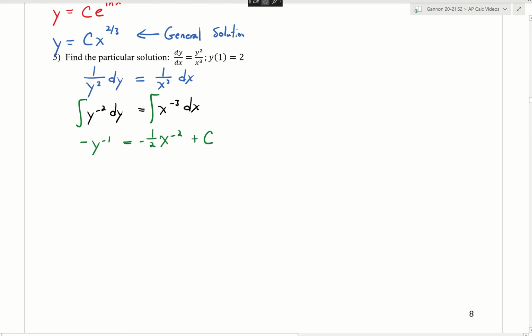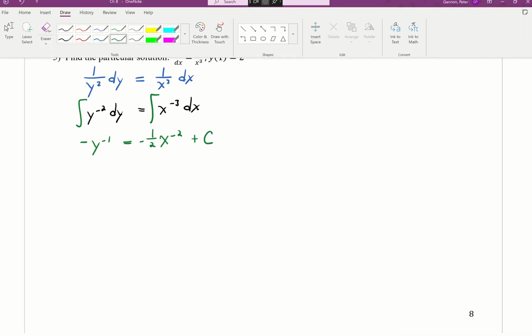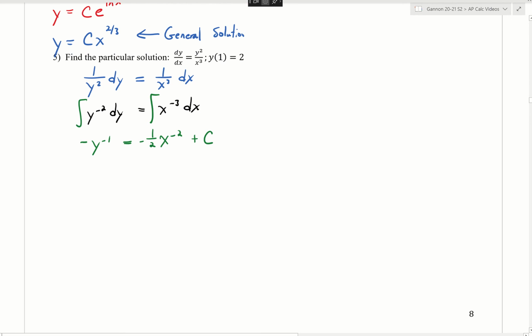All right, so that's kind of where we're at this point. Now let's see what we can do to this. We could go ahead and move the negative over, and then y to the negative first can become 1 over y. This would become positive. This becomes 1 over 2x squared, and then plus c. Well, we don't know what c is yet.